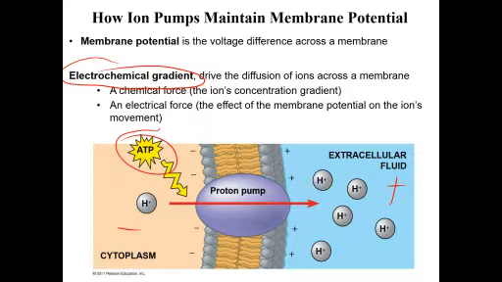So you build up a chemical gradient of protons, higher outside and low inside. So you get a chemical gradient, but then you also have an electrical gradient, a voltage. As a result, you end up with a positive charge on the outside and a negative charge on the inside.